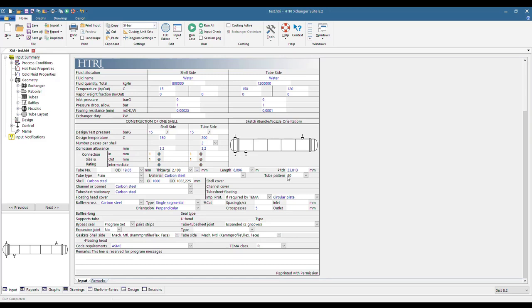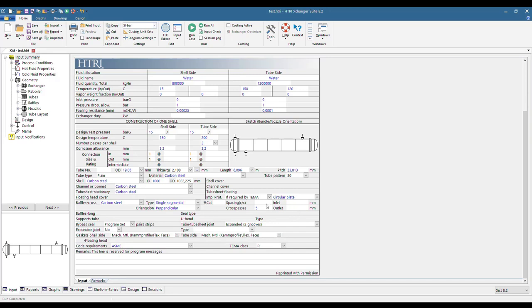Of course, there is no possibility of cleaning a fixed tube sheet unit on the shell side, therefore a square pitch is useless. Let's see which are the other characteristics. Material is carbon steel everywhere, tubes are also made of carbon steel. Baffles are perpendicular cut, so horizontal cut in this case, since the exchanger is horizontal.